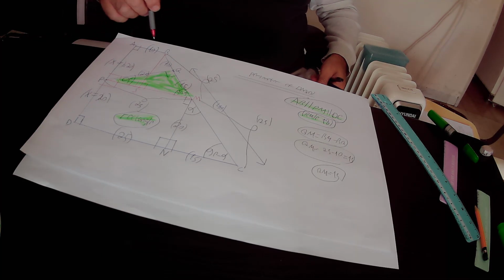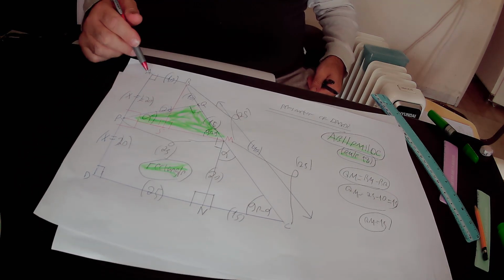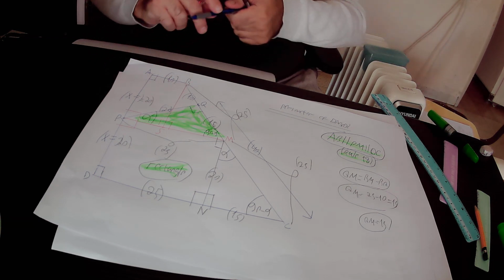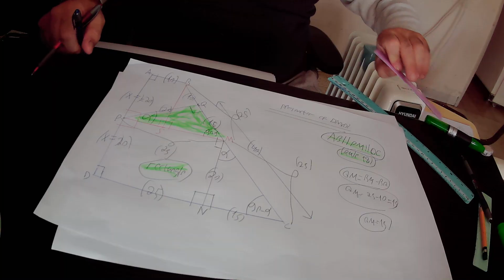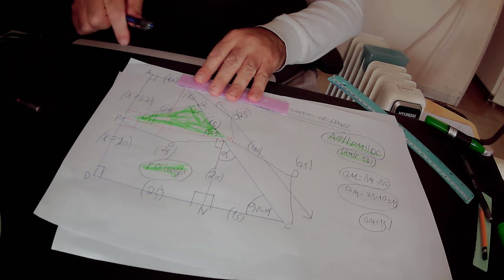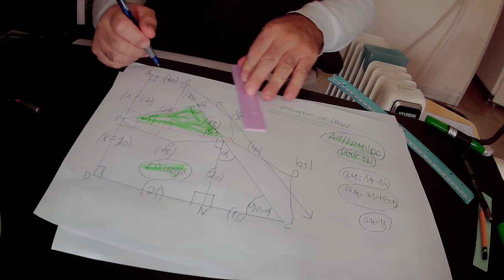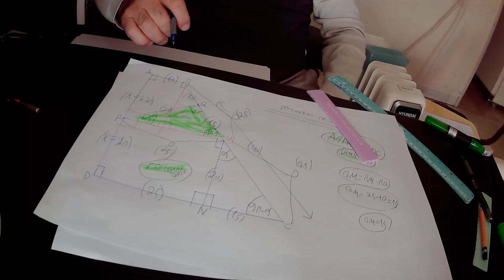Inside the small quadrilateral ABSP, we have 1, 2, 3 right angles, and therefore this fourth missing angle must also be equal to 90 degrees inside, according to the rule that says that the sum of the angles in any quadrilateral is equal to 360 degrees. So in quadrilateral ABSP we have 4 right angles, and therefore quadrilateral ABSP is a rectangle.